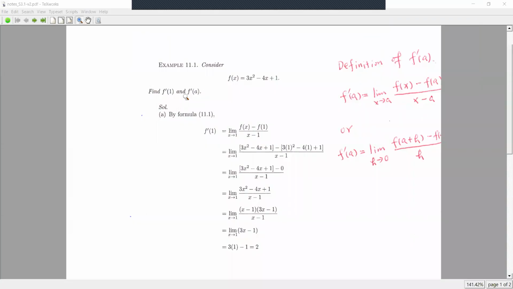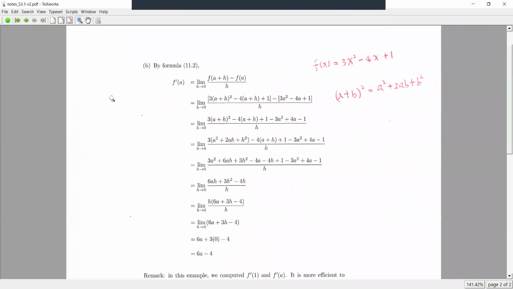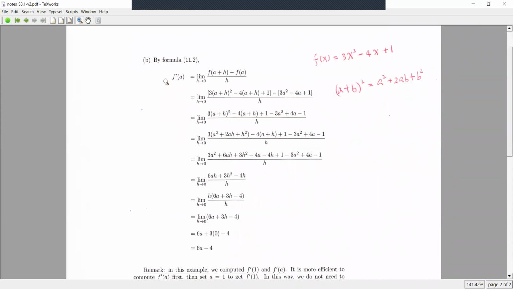Now, compute derivative at the point a. This time, I use the second formula to compute this derivative. By formula, derivative at the point a is this limit. Now, function value at a plus h.